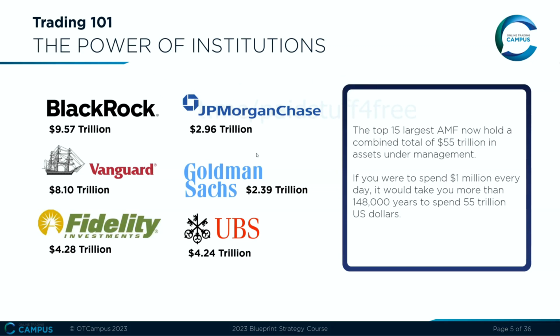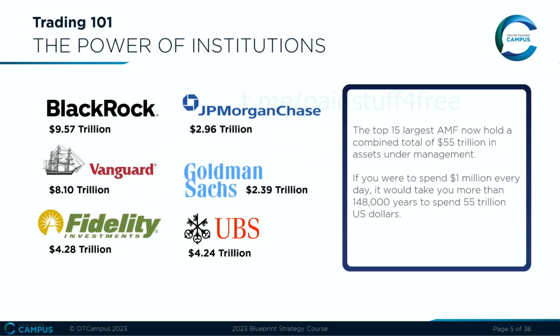And if you were to look at the top 15 largest asset management firms, they now hold a combined total of 55 trillion US dollars in assets under management. Now, 55 trillion US dollars is pretty large. It's a large amount, and it can be difficult to grasp that.